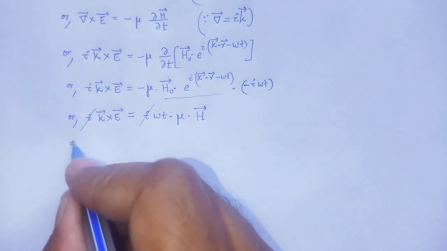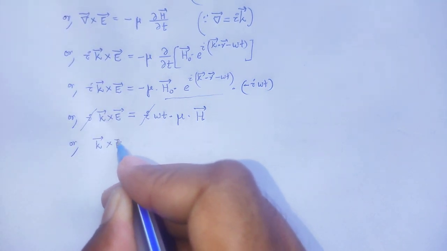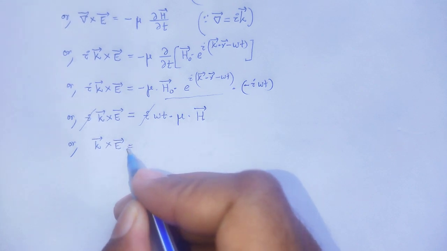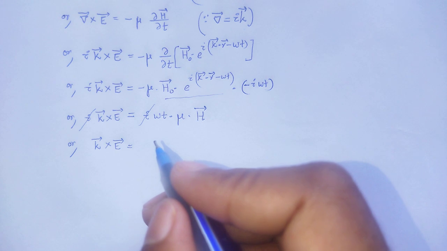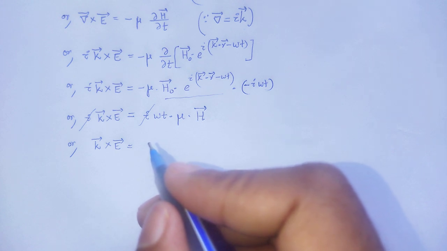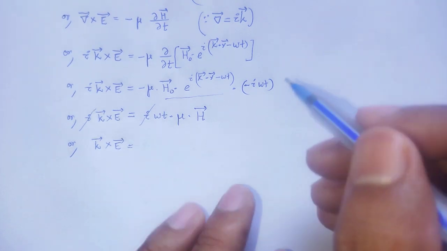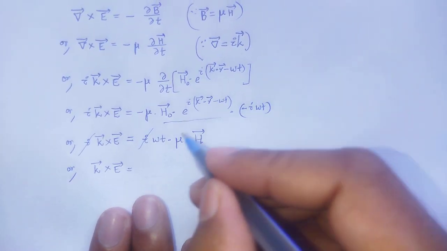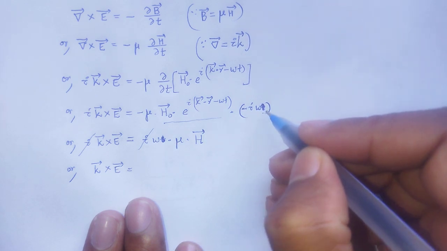We have k vector cross E vector is equal to, with differentiation with respect to t, omega into minus i omega.